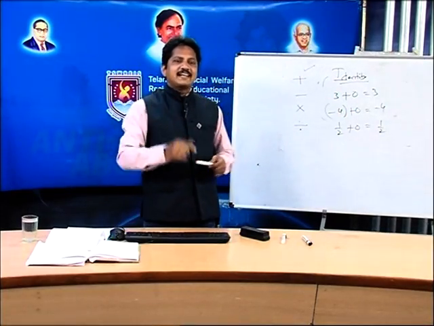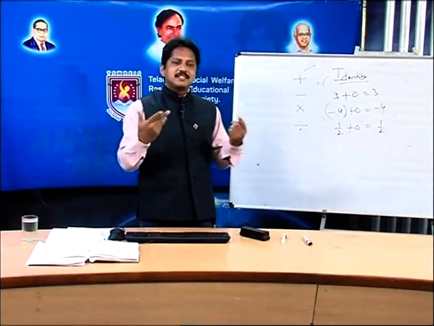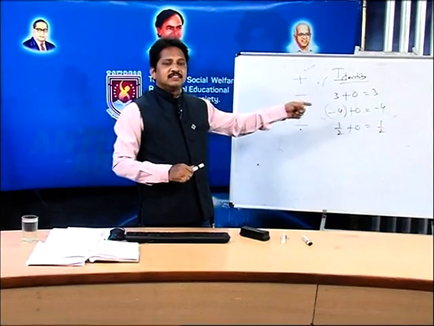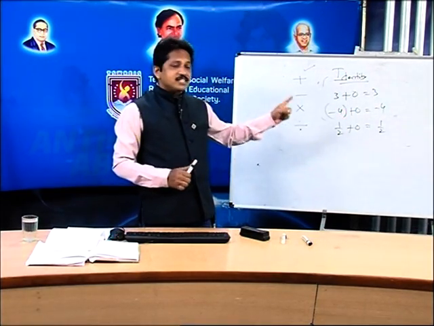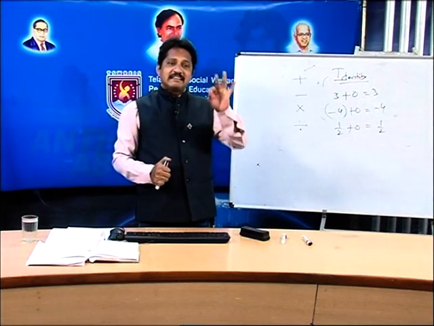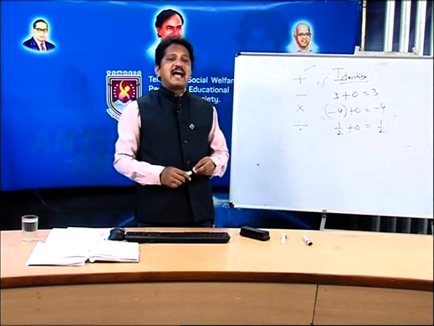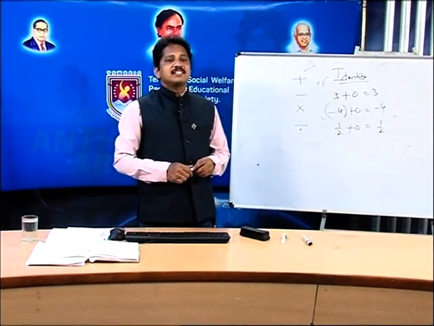When 0 is added to any number, the result is the same number. So, that is called identity. This statement is true only for addition. So, we call 0 the additive identity, and this law is called the additive identity law.